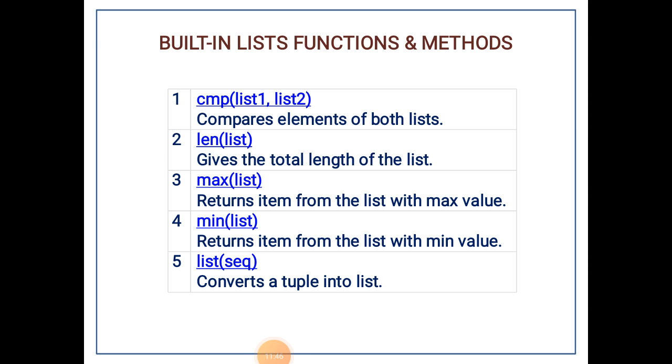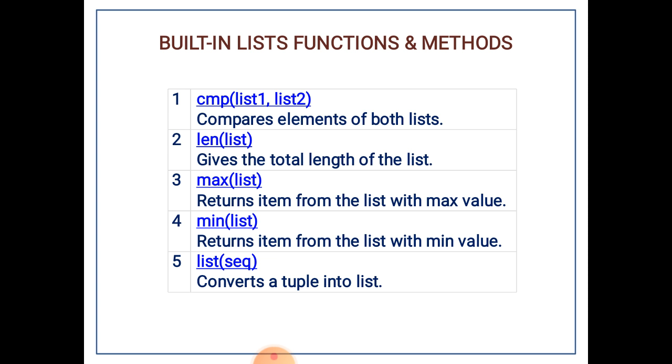So now let us study the first built-in function, CMP list1, list2. Here it compares the elements of list 1 and the elements of list 2. So the CMP function is used for comparing any two lists.